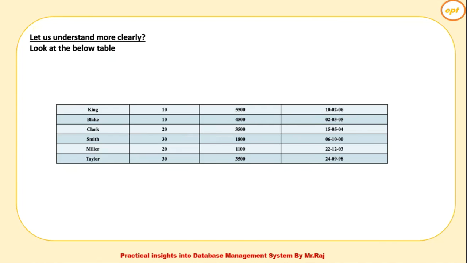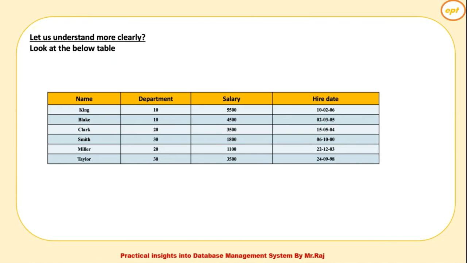Now see how I am converting this raw data into information. Observe carefully. I am adding labels to this data, which are name, department, salary, and hire date.